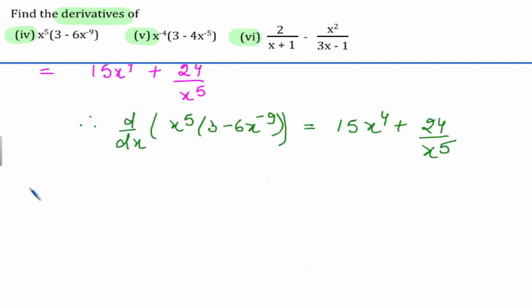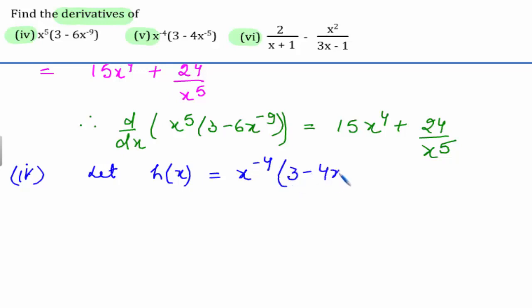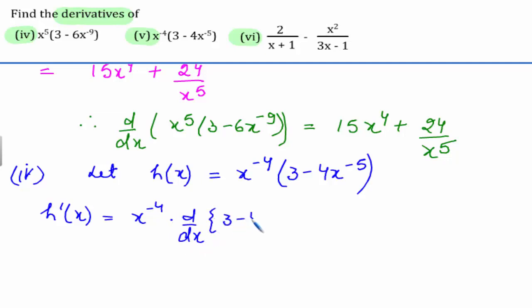So h(x) is equal to x raised to the power minus 4 into 3 minus 4 into x raised to the power minus 5. Here again we have to find the derivative of the product of two functions, which is given by the product rule, that is the first function into the derivative of the second function plus the second function into the derivative of the first function.